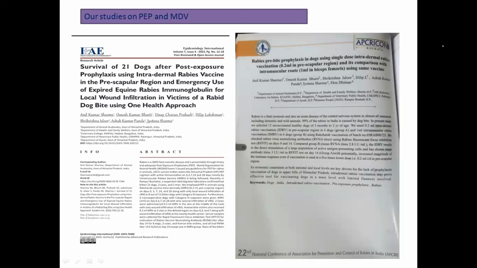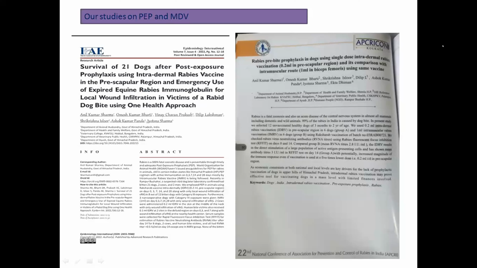This is one of our studies: survival of 21 dogs after post-exposure prophylaxis using intradermal rabies vaccine in the prescapular region, and emergency use of expired equine rabies immunoglobulin. The immunoglobulin has 300 IU per ml of strength, and there is one study that says we only need 0.5 IU per ml as a protective titer.